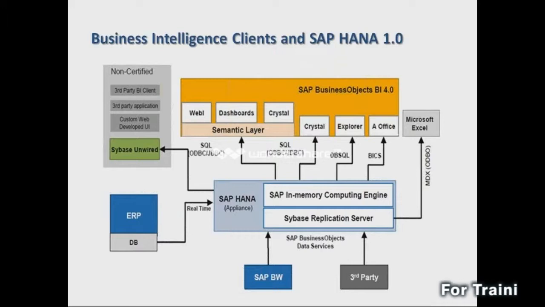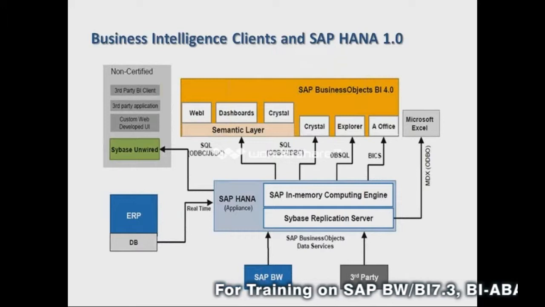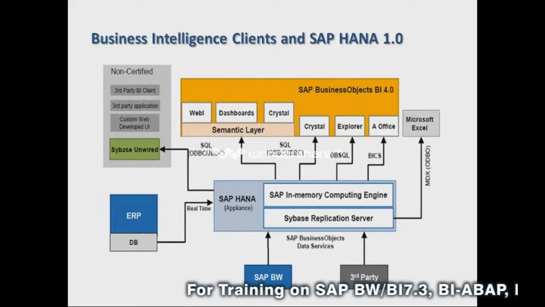Until today, what is the traditional way we are using? Let's try to understand. SAP BW, I hope you all know, is a data warehousing tool, or an ETL system, where we extract the required data from different systems. That can be SAP ECC, SAP CRM or non-SAP systems.